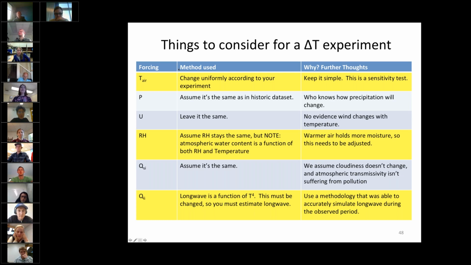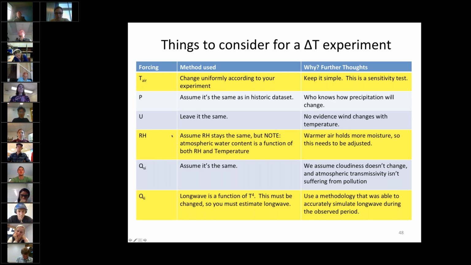I could spend a lot of time doing something fancy if I wanted to. Precipitation, again to keep it simple, I assume it's the same as the historic data set. If you have reason for it to be different or you want to do precip as well as temperature sensitivity tests, you absolutely can change it. But as a baseline, in most places it's not very certain. Winds, there's no evidence winds will change with temperature, so you can leave that the same.